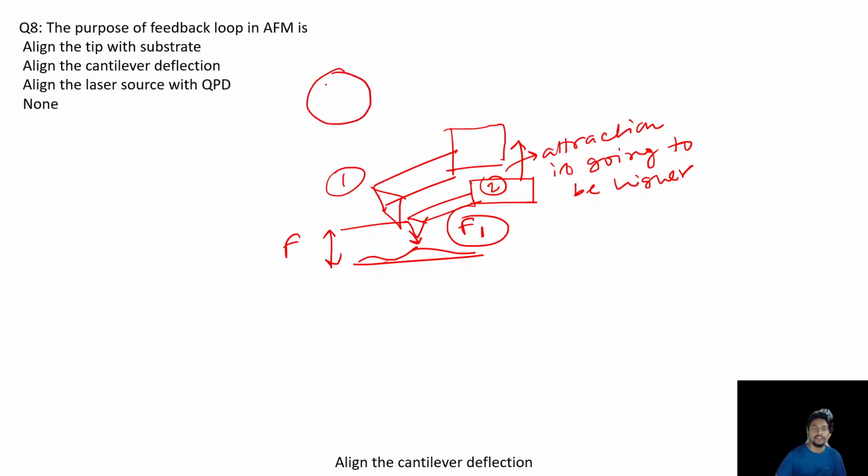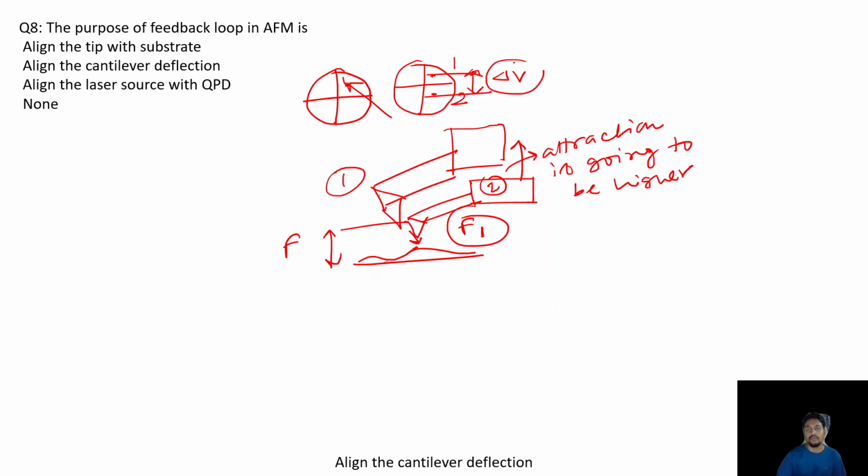So how is it actually done? This is the position. Let's say this is my set point. At first it is falling here. Now due to the topography, it changes towards this position. So this is my first position and this is my second position. There is a change in the voltage because this diode is position sensitive.